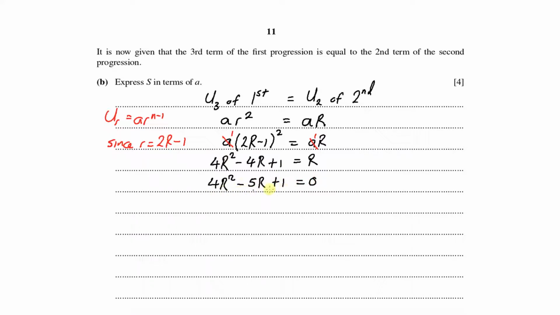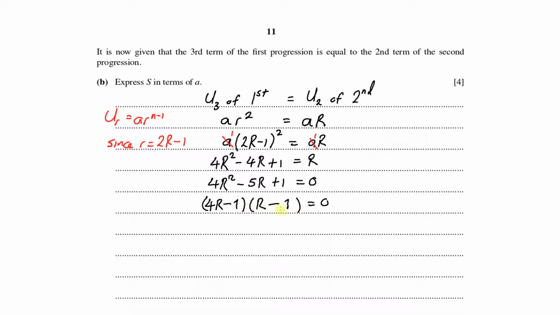And now we have this quadratic equation, so I can factorize. So 4r squared, I'm going to split it into 4r and r, and factors of 1, I'll put a 1 here and a 1 here. And in order for us to get minus 5r, after multiplying and adding, it means that I should have a minus here and a minus here.